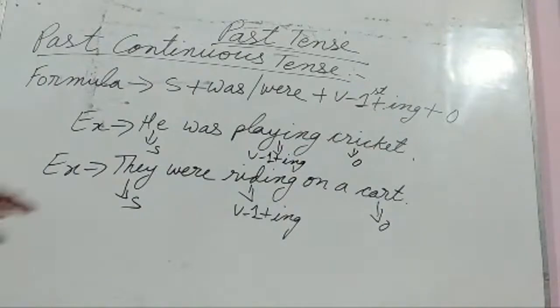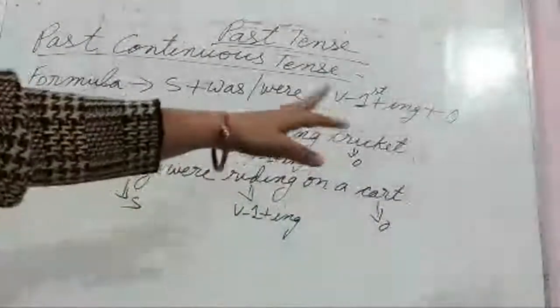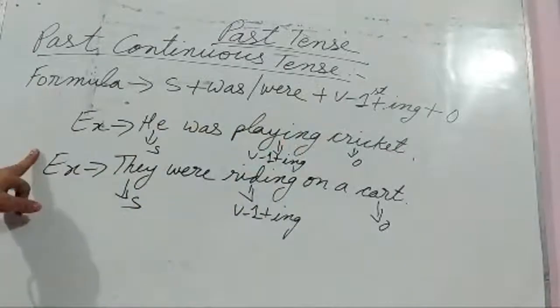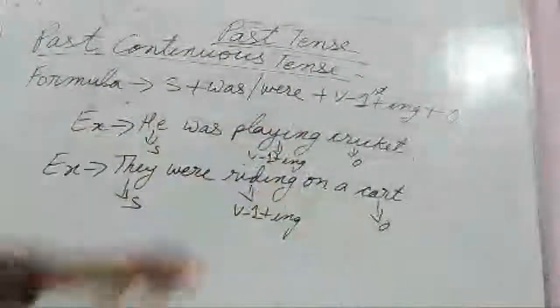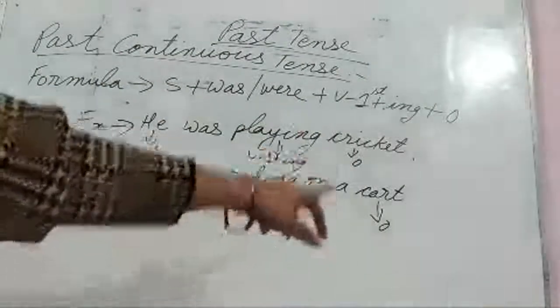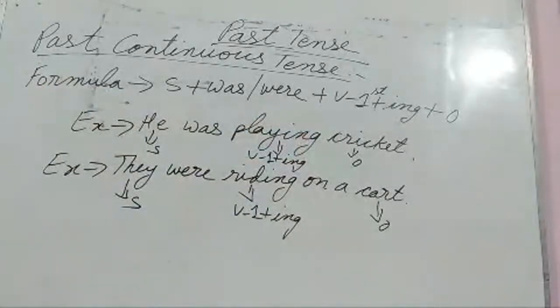In the same way, the next example, they were riding on a cart. I hope the examples are clear to you. According to the formula, in the past continuous tense, he was playing cricket. They were riding on a cart. Just note down the sentences. Now we are going to see how to make a negative sentence in past continuous tense.